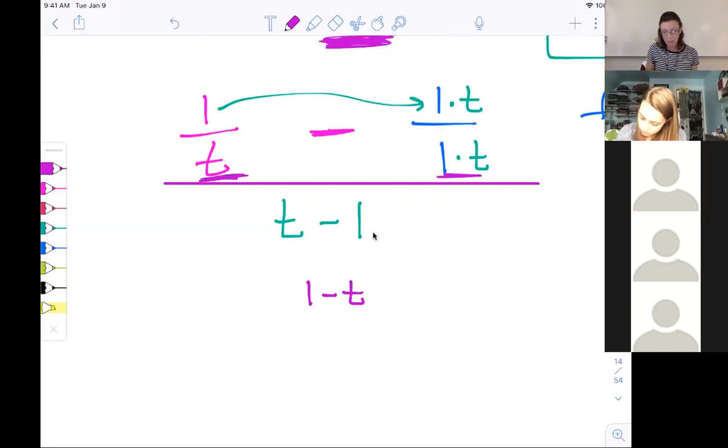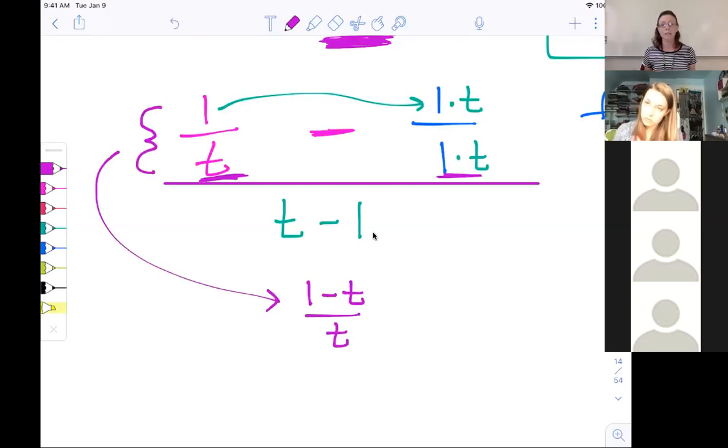They're both t. So my numerator here becomes 1 minus t over the common denominator of t. And then I still have another denominator. I still have that t minus 1.